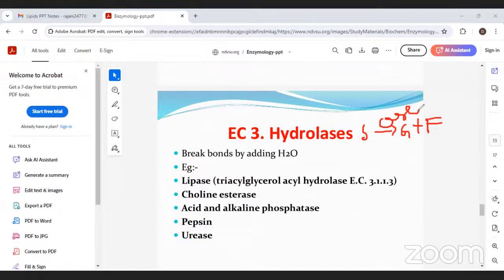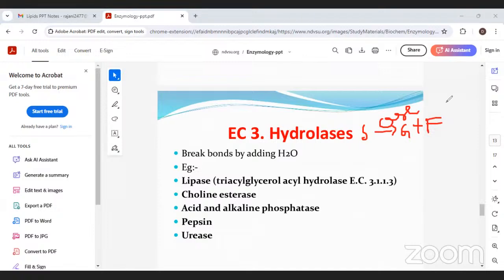There are some enzymes which are named arbitrarily, such as pepsin and trypsin. Then there are isoenzymes, alloenzymes, and multi-enzyme complexes, which we will discuss later. This is the first classification.